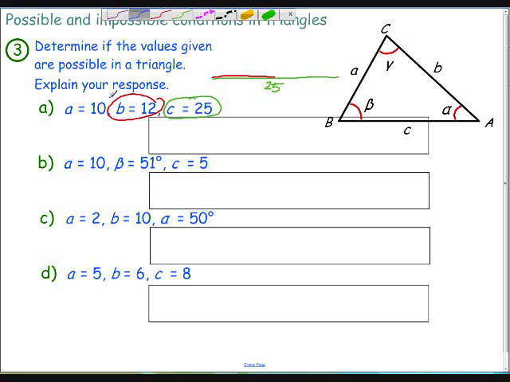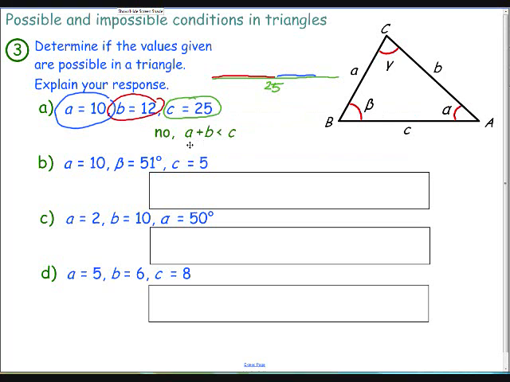And then we've got A, and A is 10 units long. Well, there's no way that you can put those together and make a triangle. Pretty clear that you can't, isn't it? If you have two sides which are less than the third side, then you cannot make that triangle.